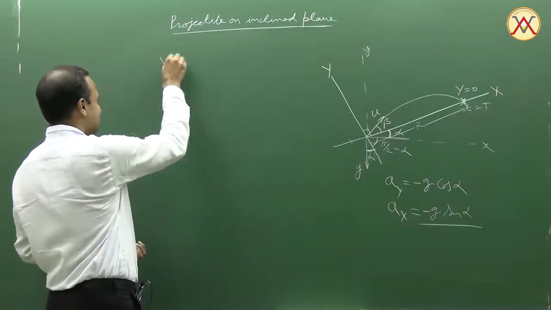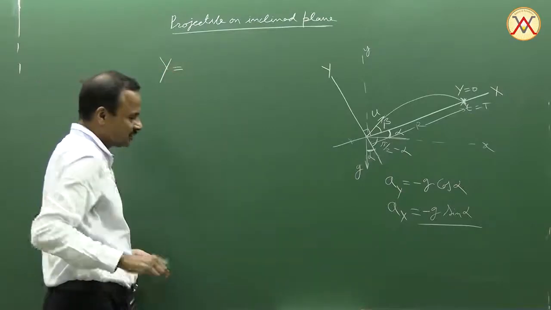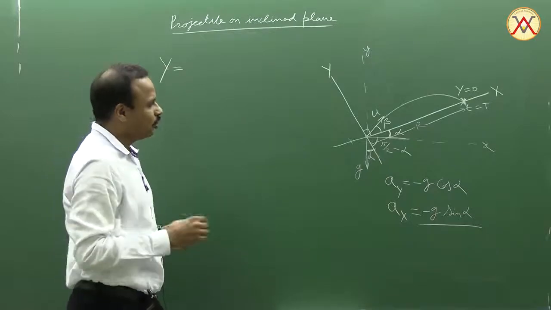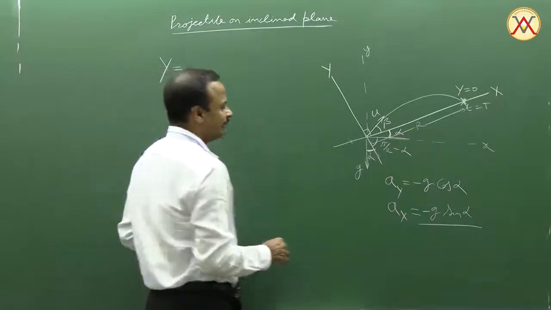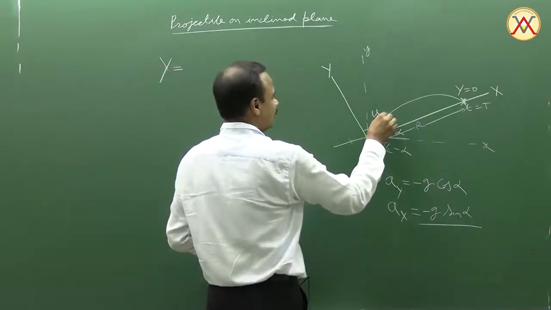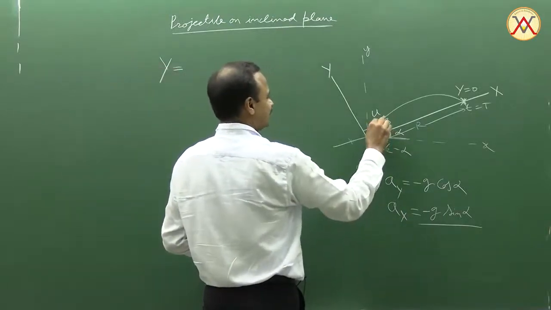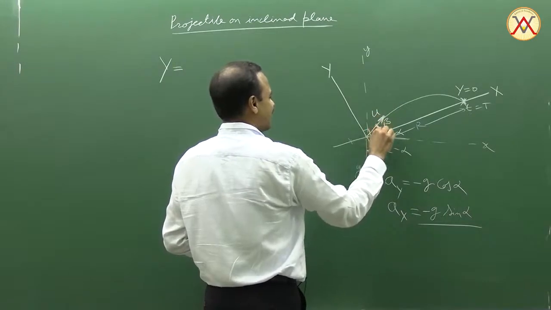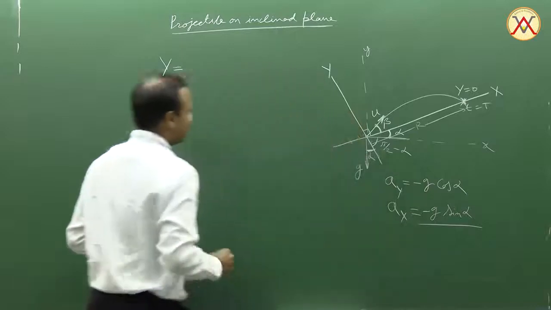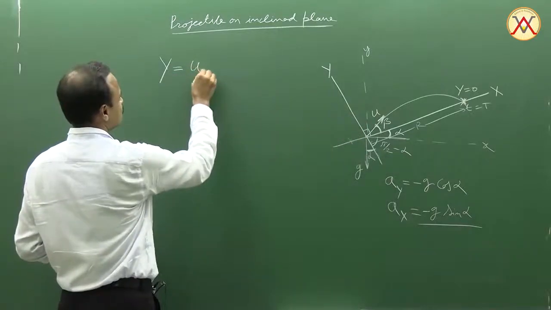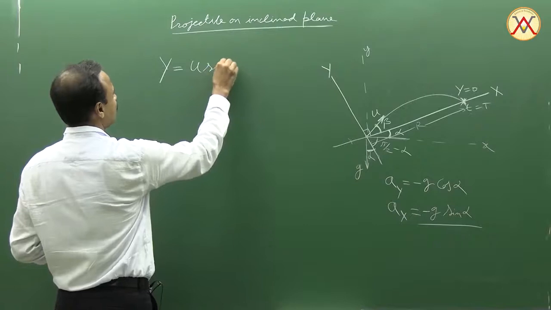Now what is the result for the capital Y coordinate? We can apply the second equation of motion in y direction. So u_y t plus half a_y t squared. What is u_y? The y component of velocity: the initial velocity is making an angle beta with the x-axis. So with the y-axis the angle is 90 minus beta. We can say it is u sine beta.